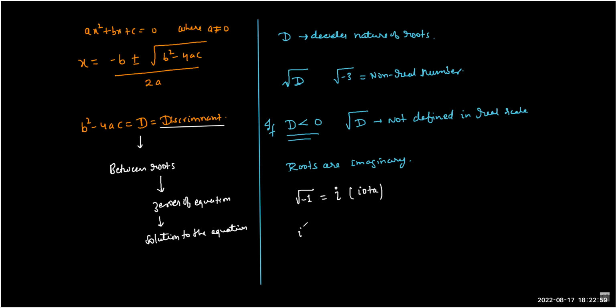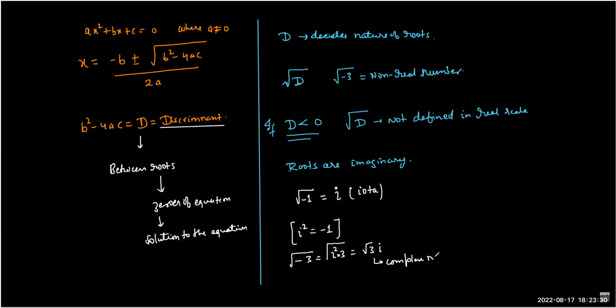And if you square both sides, we call it i square. And the moment you write like this, the negative number, you can write as i square into 3. And therefore, this you can rewrite as √3 into iota. So this way of writing is called complex notation.